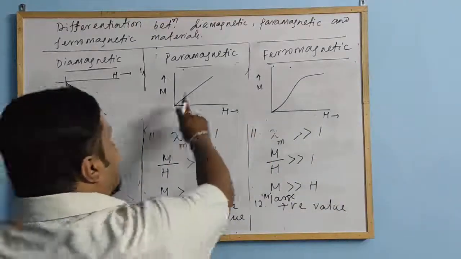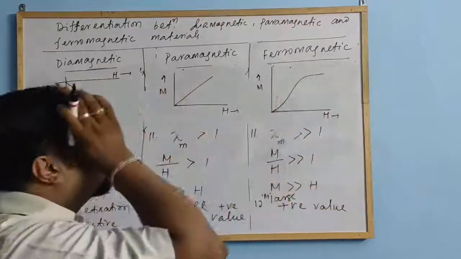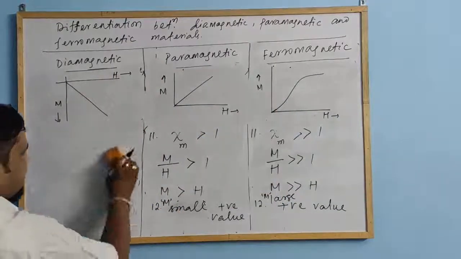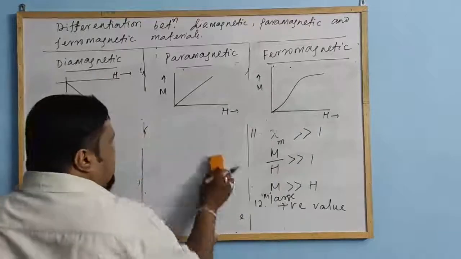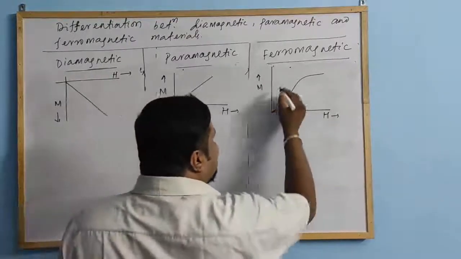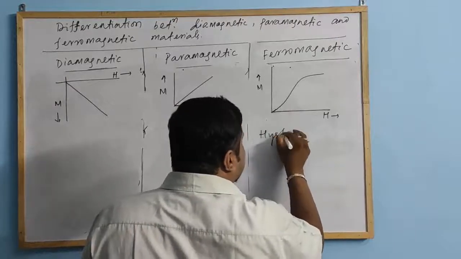It is not linear, it is curved like this. Remember one thing, which is not in your syllabus also: the ferromagnetic material shows hysteresis.